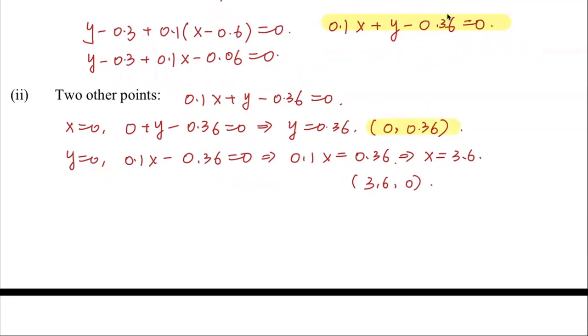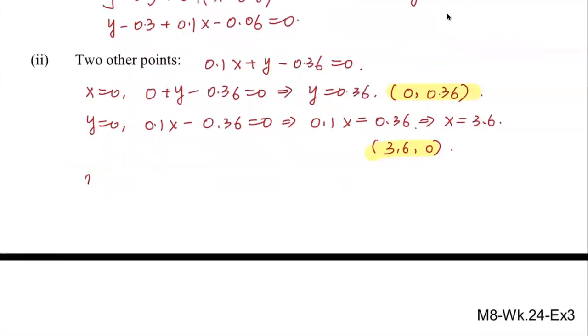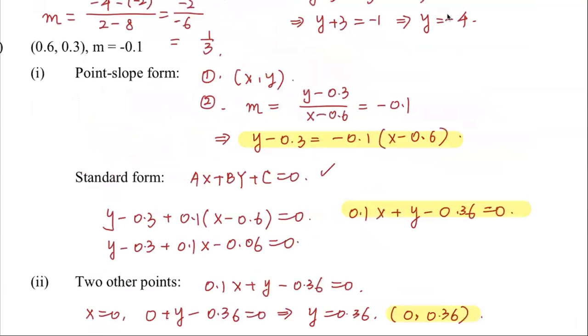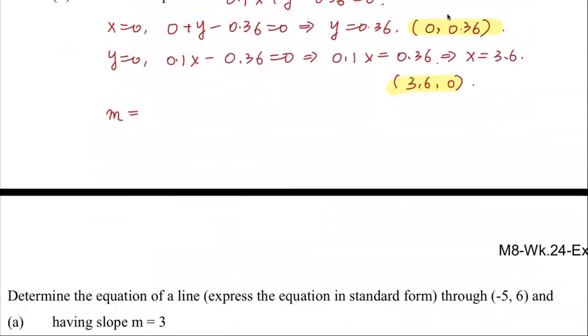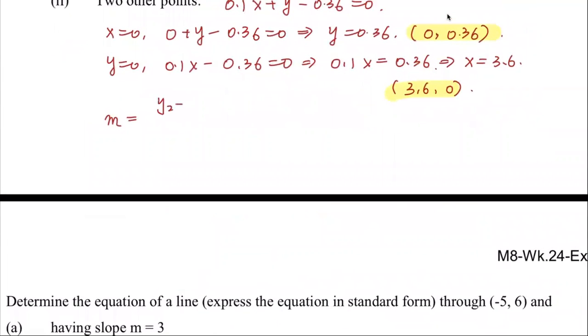So now we have 2 points. What do we do now? We use the slope formula to see if the slope we found here is equal to the original one over here. So this is equal to y2 minus y1 over x2 minus x1, which is equal to 0 minus 0.36 over 3.6 minus 0.